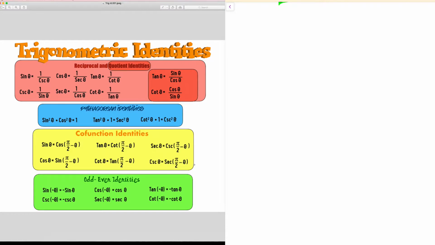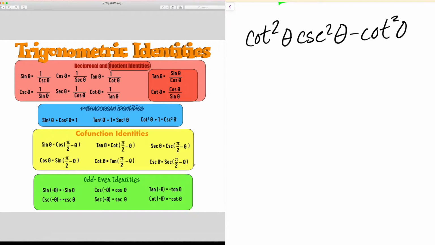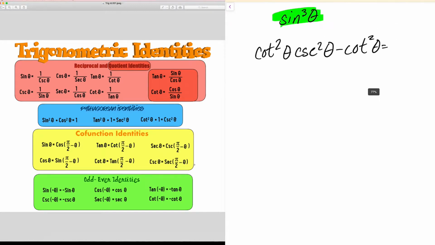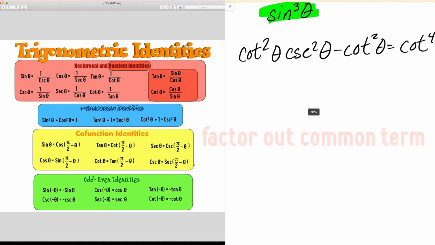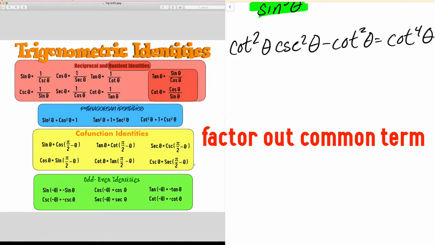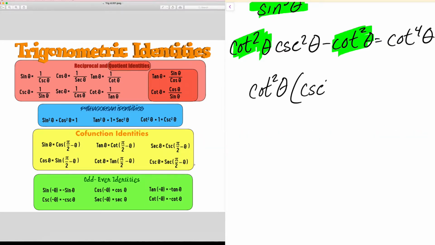All right, so let's jump over to number 5 now. Number 5 reads cotangent squared theta times cosecant squared theta minus cotangent squared theta, and I want to verify that this equals cotangent to the 4th theta. Similar to number 3, I can factor out a cotangent squared theta. So I have cotangent squared theta times cosecant squared theta minus 1.